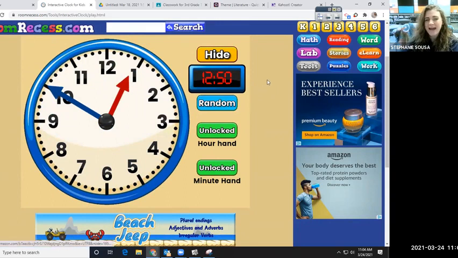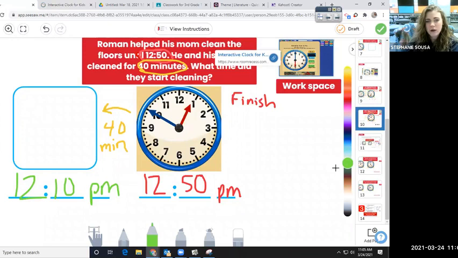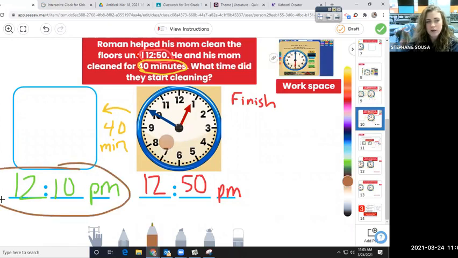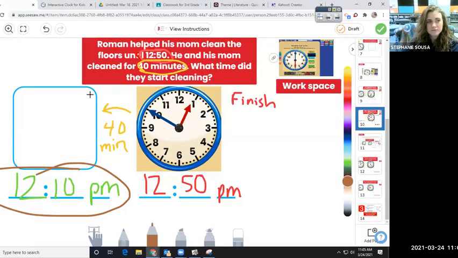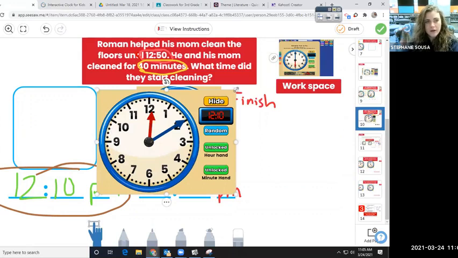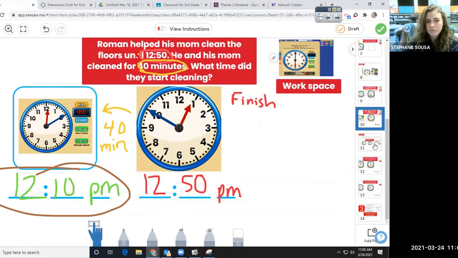We are going backwards 40 minutes: 5, 10, 15, 20, 25, 30, 35, 40. 12:10 is the correct time. If you did not have 12:10, go ahead and put 12:10 now and include your screenshot.